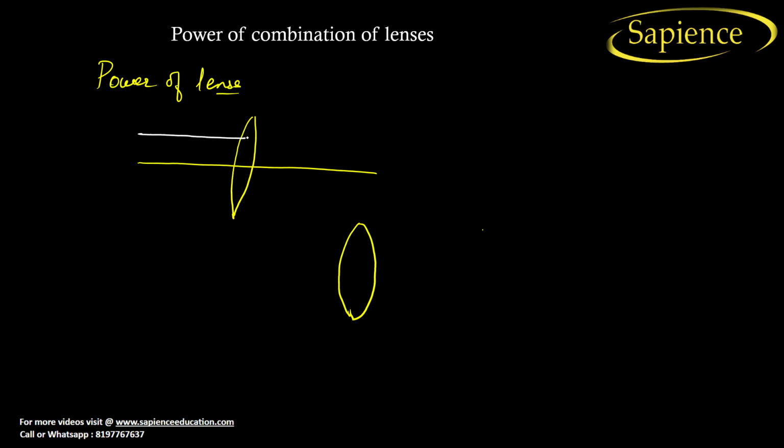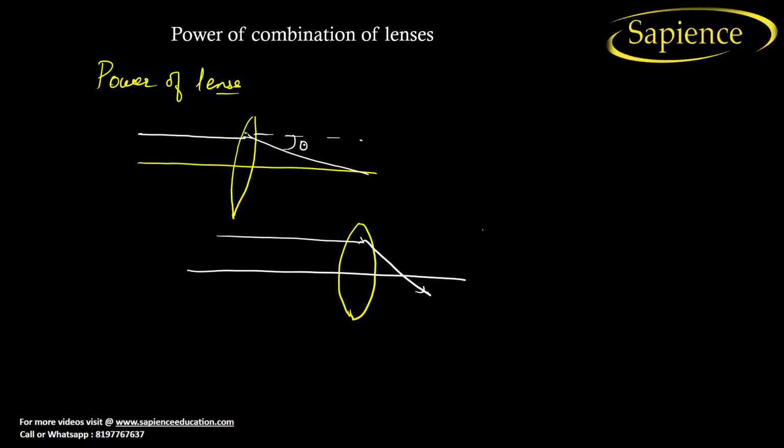When it comes, it will definitely be able to converge it, right? But when we talk about this, it means that it is your thick lens. So when a ray of light passes parallelly, it will converge more like this. So what do you observe? That it has converged more.